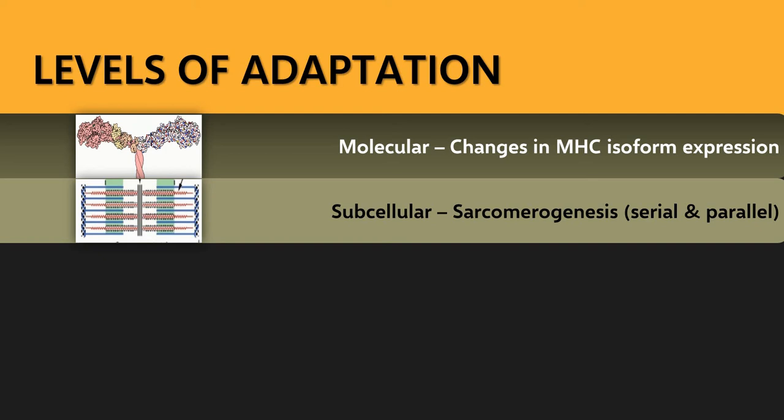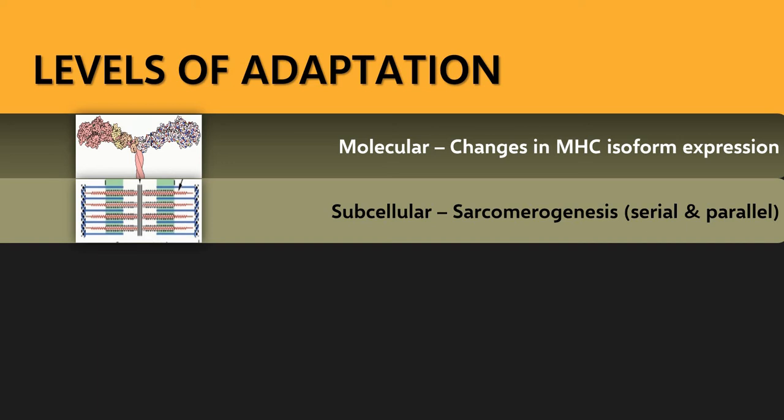If, let's say, you were into your yoga or just did a lot of stretching, then this would result in serial sarcomerogenesis. So we still have our 4 sarcomeres here, but we add another 4 next to them. And serial sarcomerogenesis does not result in an increased force output for the muscle.